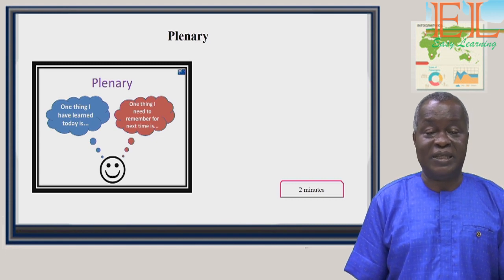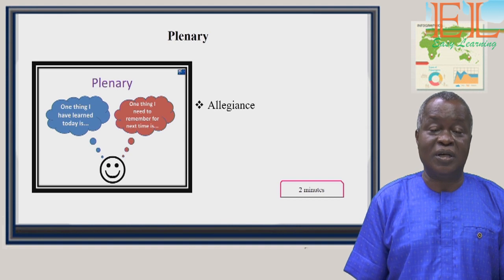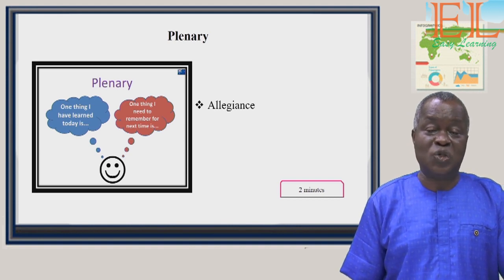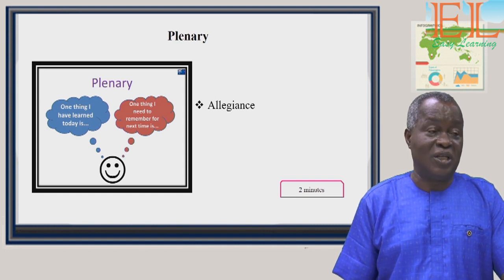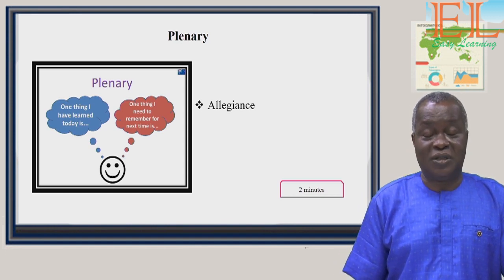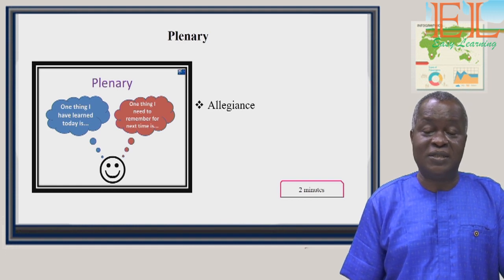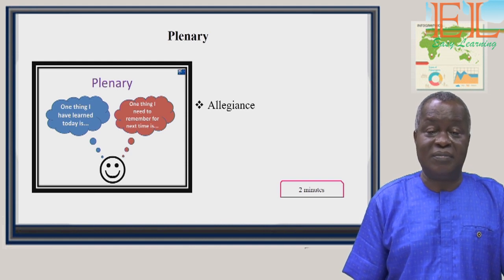Well, we have allegiance, which means the strong feeling that we attach to our organizations or institutions that we belong to. We see, for example, ourselves as Ghanaians.